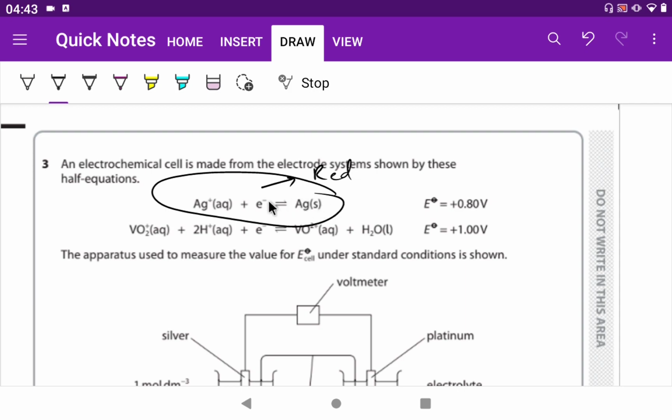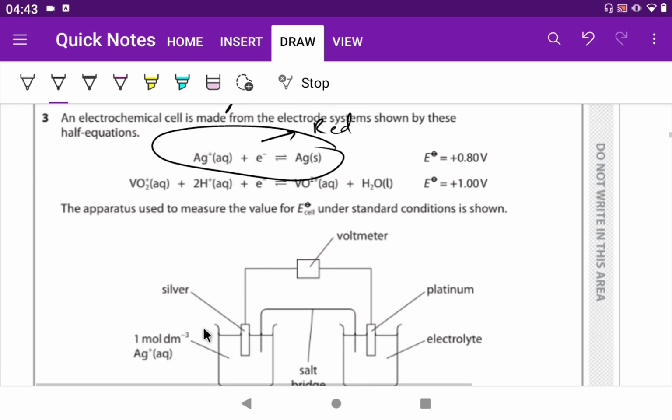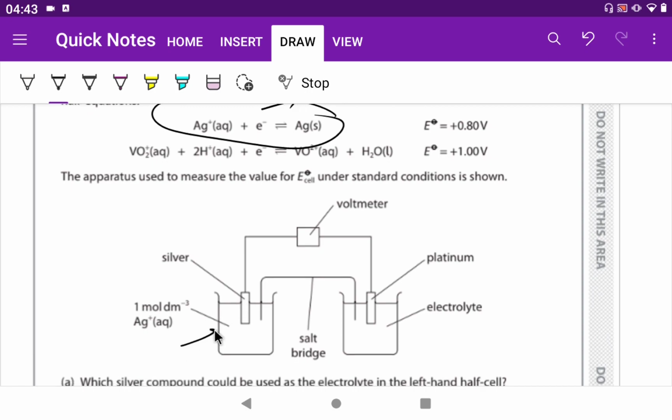We will reverse this equation, so silver solid is converting into Ag plus and removing one electron. So it is oxidizing, because at anode oxidation and at cathode reduction.